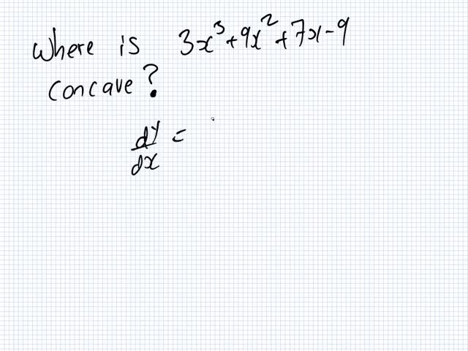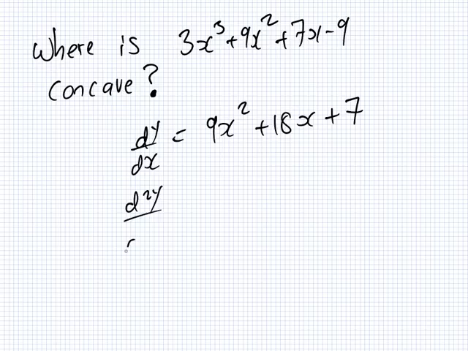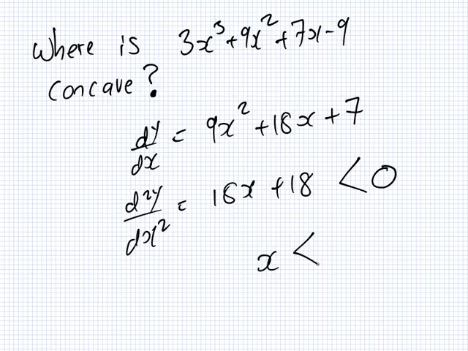First derivative is 9x squared plus 18x plus 7. And the second derivative is 18x plus 18. And if you want this shape to be concave, you need it to be negative, which means you need x to be less than minus 1.